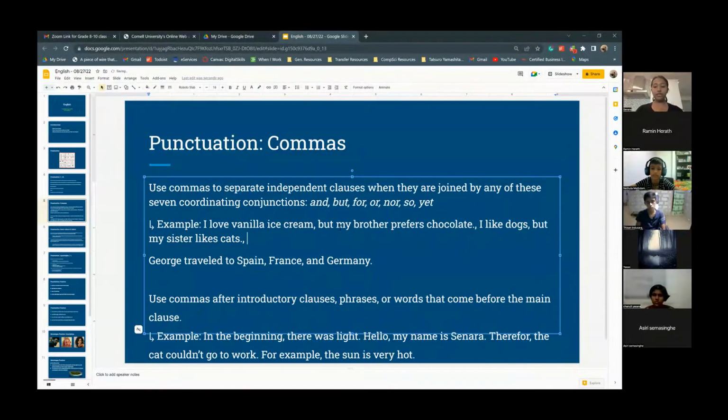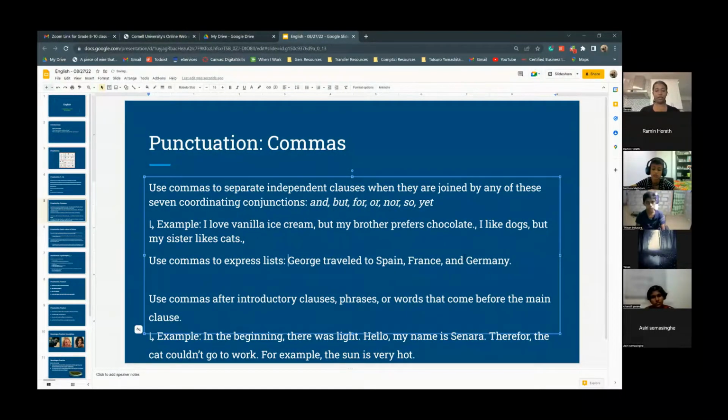Can someone give me another example using a different conjunction? So we can use and this time. Can someone give me an example? I painted my room blue, white, and pink.